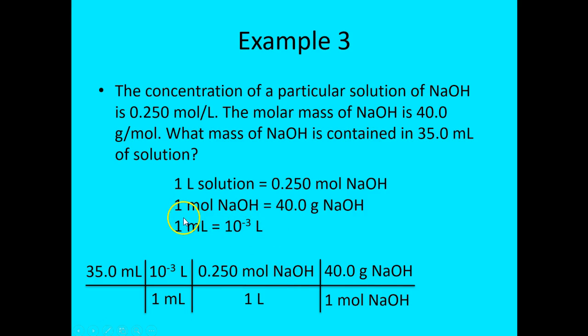And then I'm using this middle conversion equality and putting it as a conversion factor so that moles of NaOH are canceled out to give me grams. You can see milliliters canceled out by milliliters, liters canceled by liters, moles of NaOH canceled by moles of NaOH. I have succeeded in converting milliliters into grams of NaOH, and the answer is 0.350 grams.